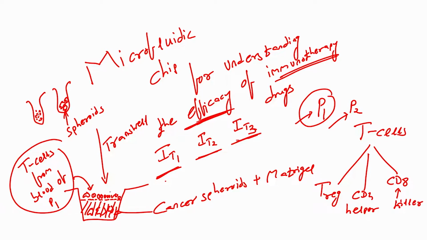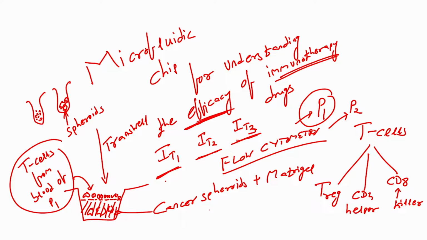So, when we keep the T cells over the cancer spheroids which are covered with matrigel, then after 48 hours if we take out the T cells and perform flow cytometry analysis, what we will find is that the CD4 CD8 ratio is different.